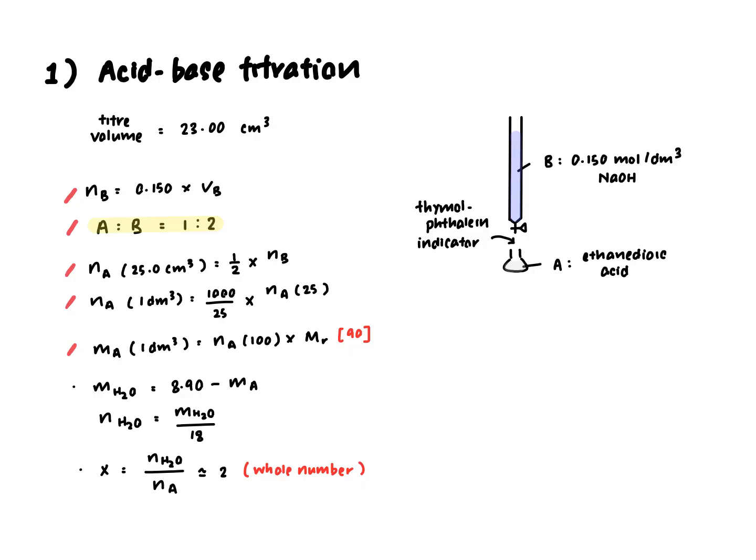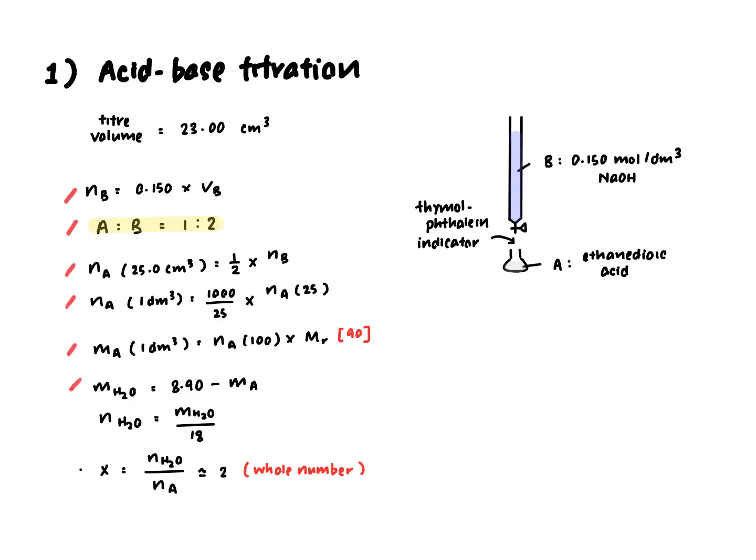And given the mass of your hydrated acid that was used, we can take the mass of the hydrated acid minus the mass that we have just found to find the mass of water present, or the mass of water of crystallization, after which we can find the number of moles of water, and to find the ratio, we just take the number of moles of water divided by the number of moles of your anhydrous acid.